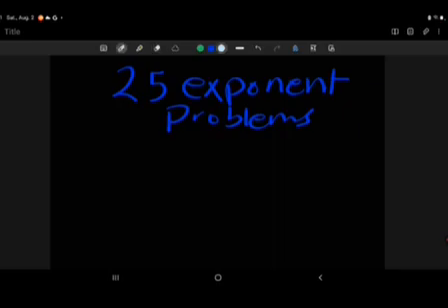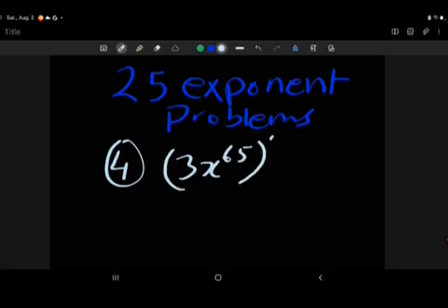And another problem on this matter, so problem number 4, if we have, say, 3x to the 65th power, all of that raised to exponent 0, what is that going to be?